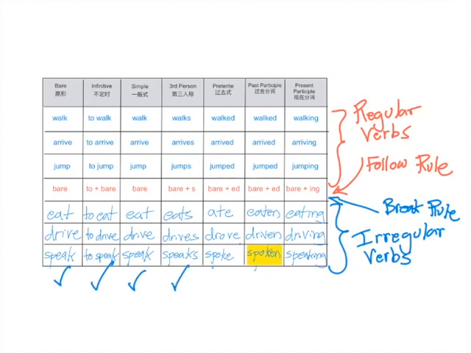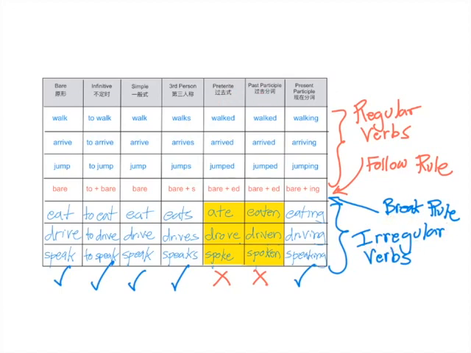It's only when you get to the preterite form that they actually break the rule. Likewise, at the past participle, they break the rule. But then, in the present participle, they start following the rule again. They really only break the rule for the preterite and past participle verb forms. This is the only place where irregular verbs break the rule.